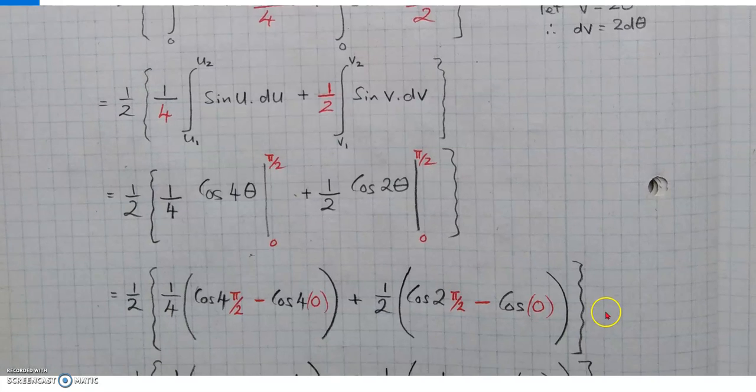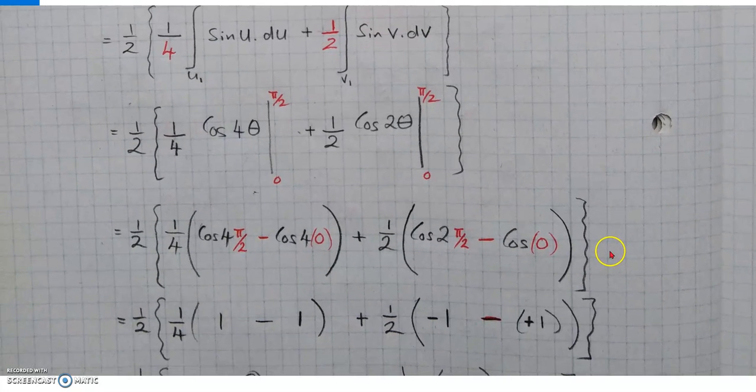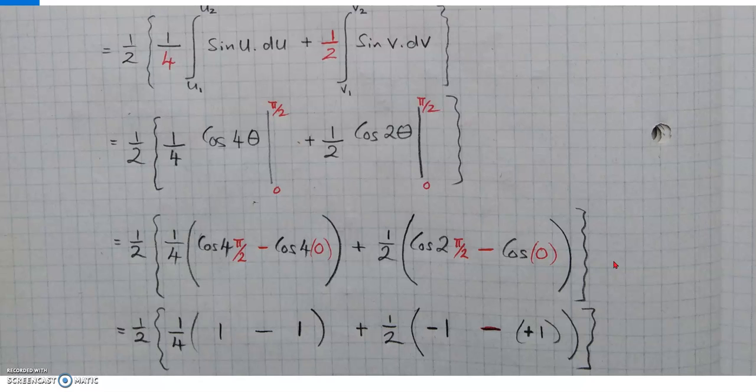Now, this is where things get a little bit tricky because you've got to understand why some of these values give us the values they do down here. As I said, I could explain it in a long explanation using the unit circle or the graph of cosine, but if you want the short explanation, you just put these values into your calculator and you'll see.